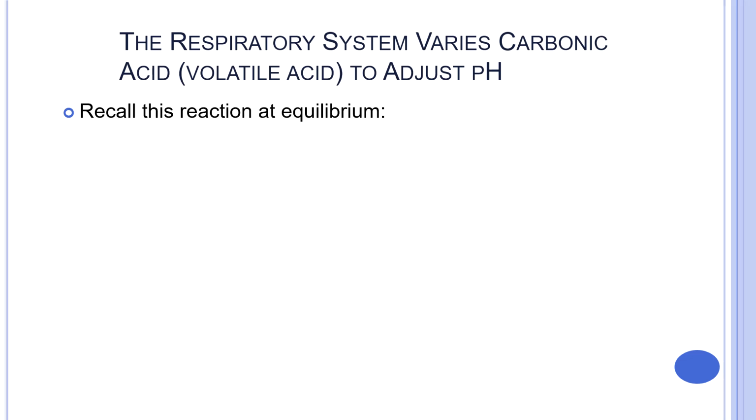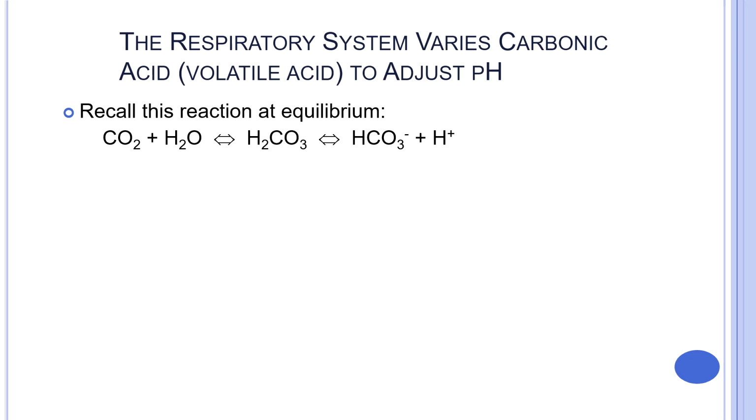So if our ventilation rate, and the little triangle here next to the word ventilation on the second dot, it means delta or change. So the change in our ventilation rate is going to cause a change in our carbon dioxide levels.